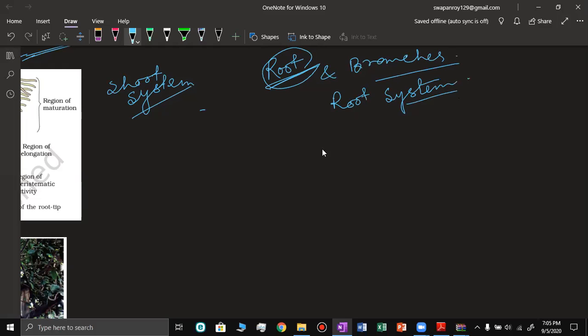So there is shoot system and root system. We will separately read and learn all about these parts.